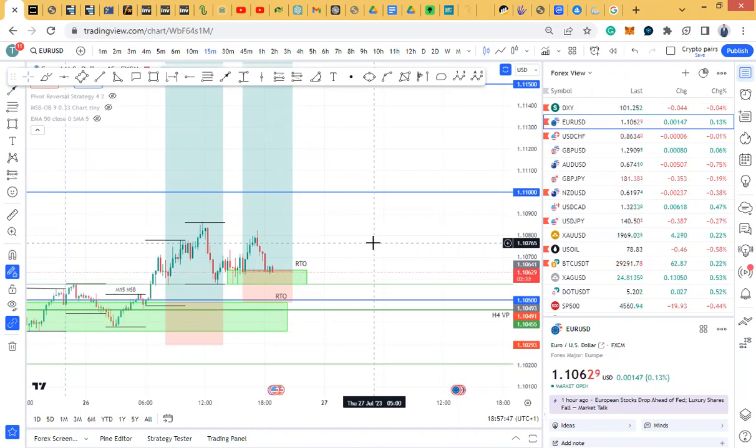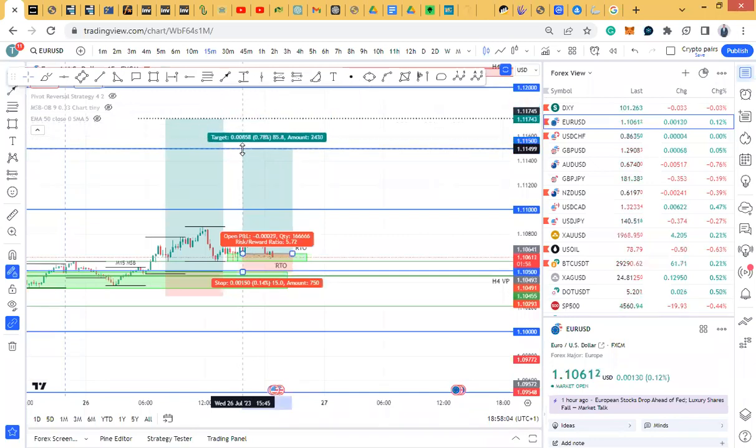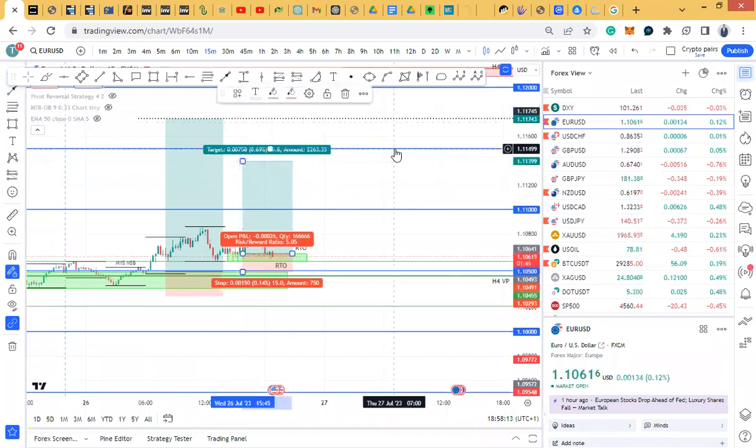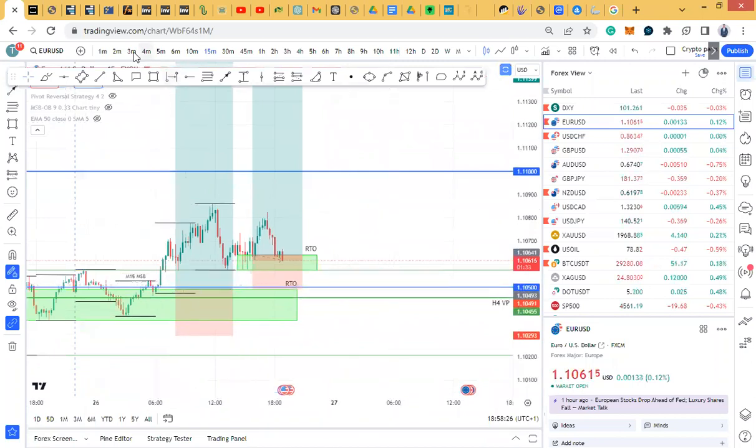Don't forget the spikes. The spikes always come in.